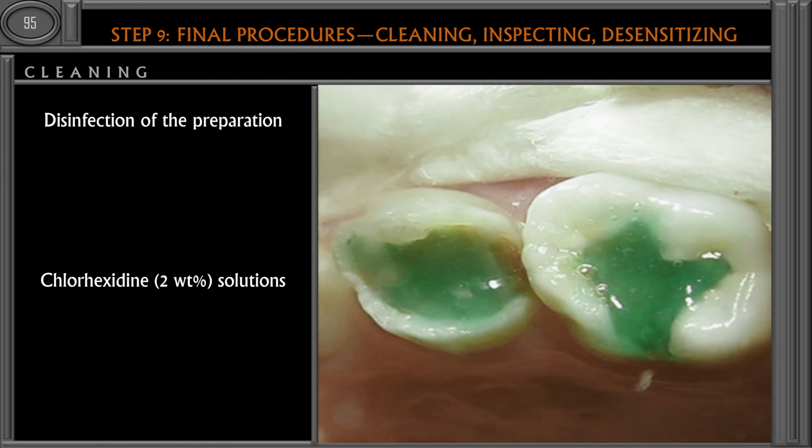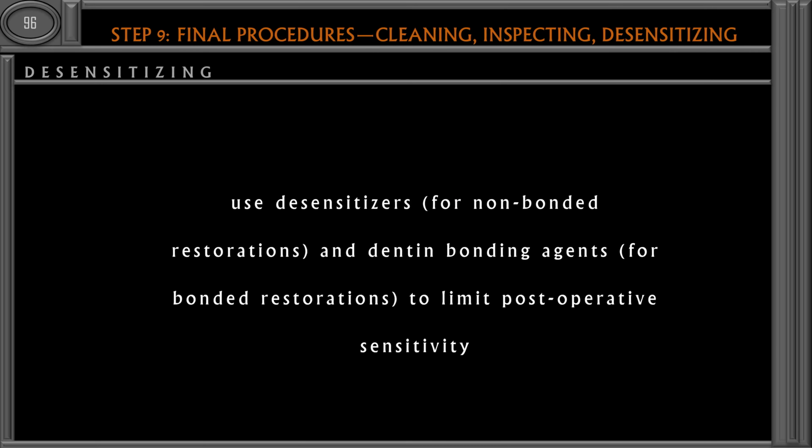And next we can clean and disinfect that preparation with 2% chlorhexidine solution. So even if there are some residual bacteria or some contaminants from while doing the tooth preparation, that can be disinfected. Then finally desensitization. Desensitizers are applied only for non-bonded restorations like a dental amalgam.